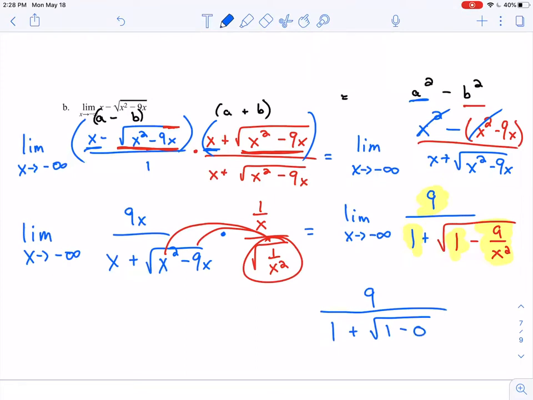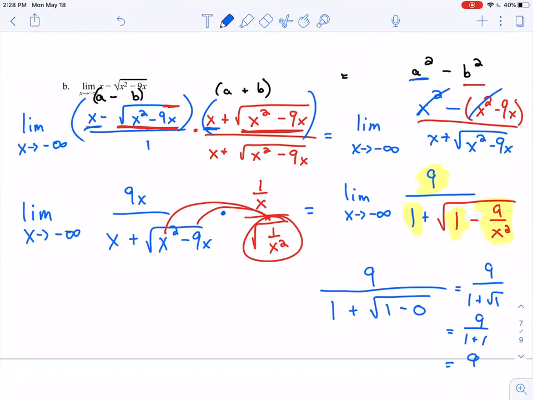After this, just a little bit of calculation. I've got 9 over 1 plus radical 1, which is 9 over 1 plus 1, which gives me 9 over 2. So just be extra careful when you're working with radicals.